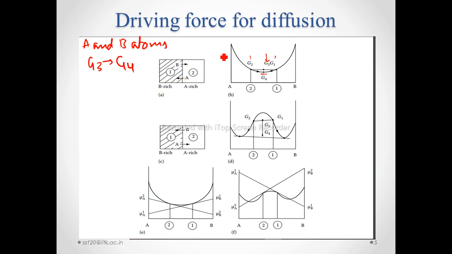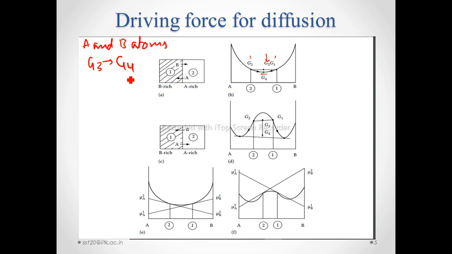That means the Gibbs free energy will reduce only when there is a movement of atoms down the concentration gradient, from higher concentration to lower concentration.